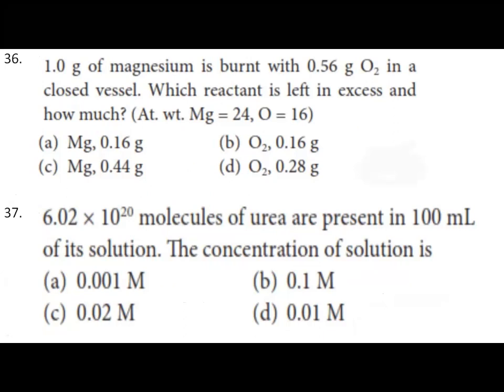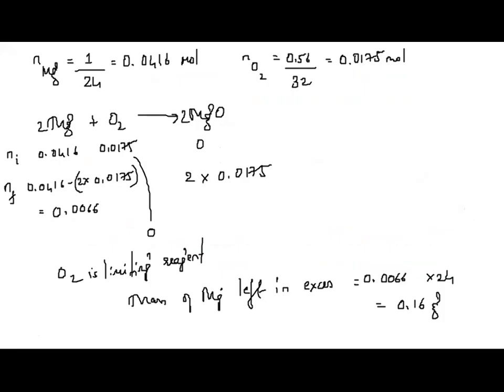Next question. 6.02 into 10 raised to 20 molecules of urea are present in 100 ml of its solution. The concentration of the solution is. If you look at the options, they are given in capital M. That is nothing but molarity. So they have asked in molarity. Okay. 6.02 into 10 raised to 20 molecules of urea are present.